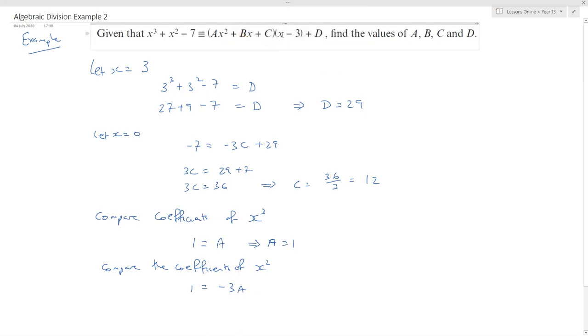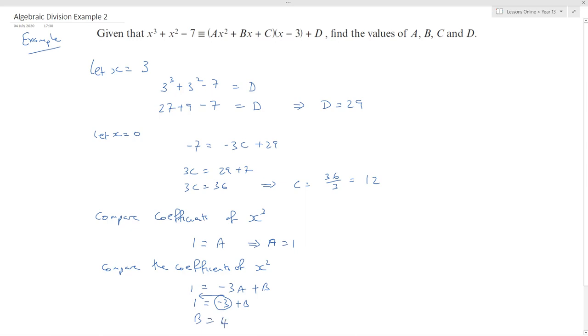But also, when I multiply the x times b, I get bx squared. So the coefficient there is b, so minus 3a, add b. Now I know a is equal to 1, so I've got 1 equals minus 3 plus b. 3 goes over the other side, becomes positive. That means that b is going to be equal to 4.